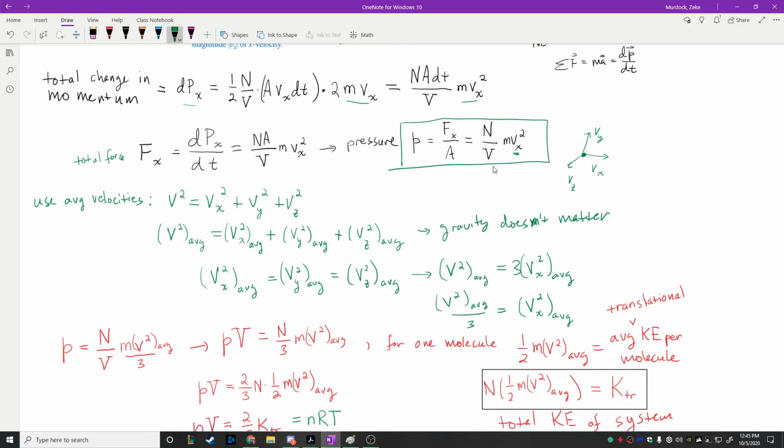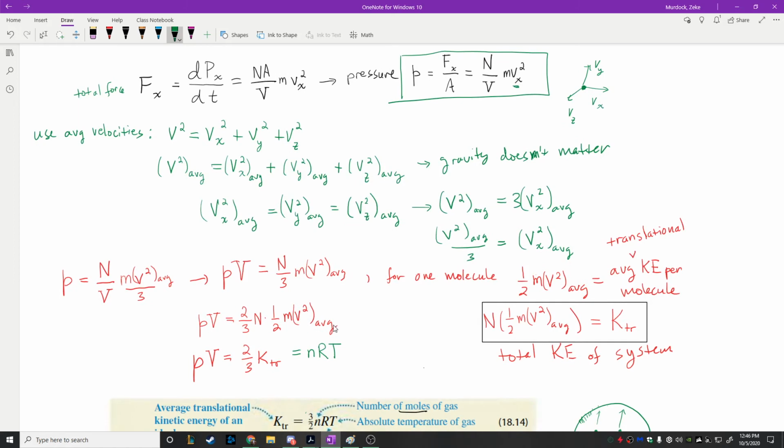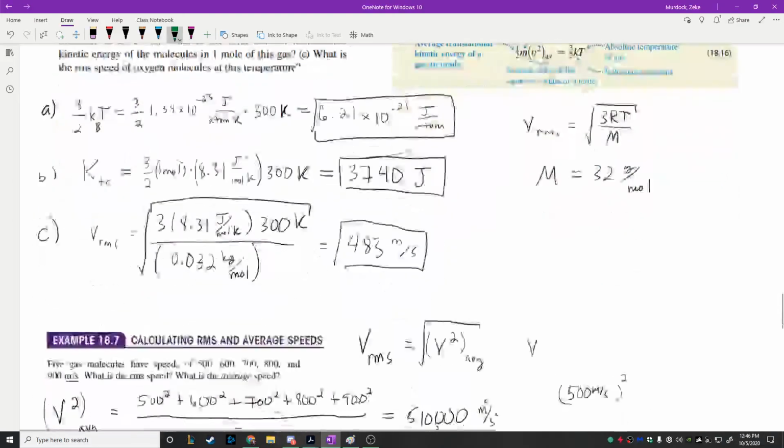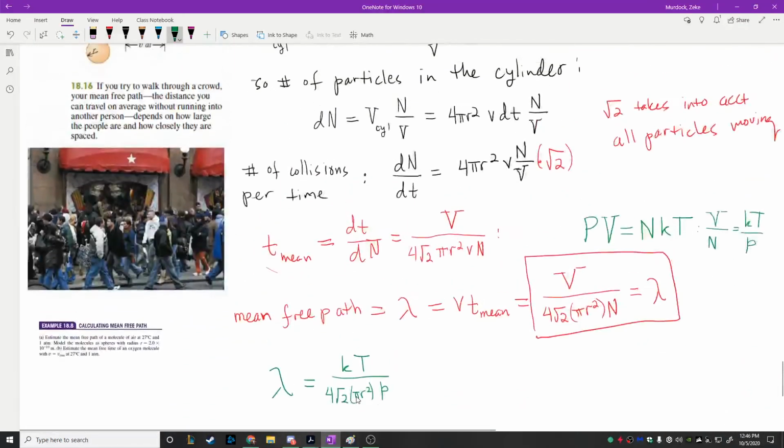There should be a 1/3 here and V average if you want to do this right. The pressure is connected to the velocity, but also to the density. It's hard for me to think about pressure without also thinking about the density within the space, because high pressure means a lot of density.